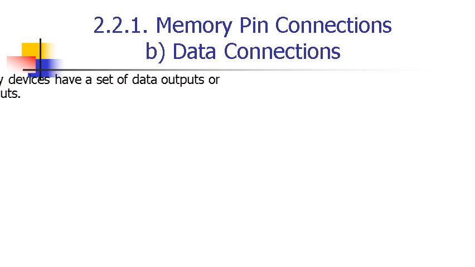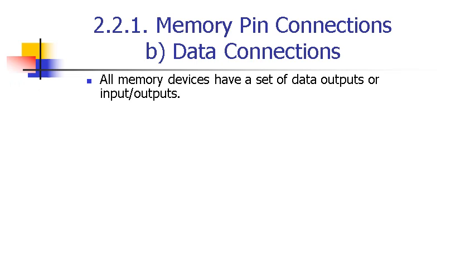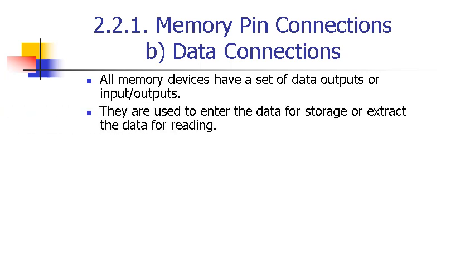How are the data connections? As we previously indicated, each and every memory device should have data outputs or data inputs, data connections. These connections are used to read the data from a memory and write data to memory if the memory can be written into as well as read from.